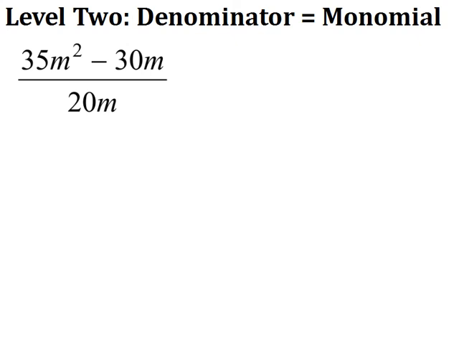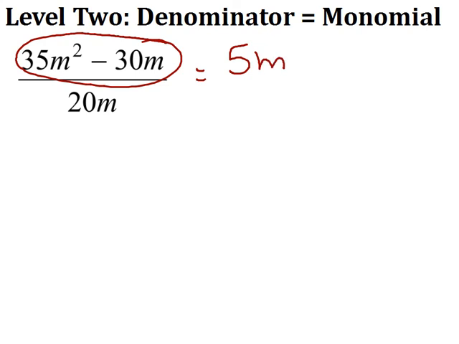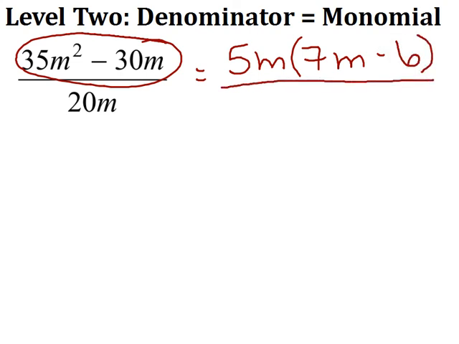Whether that binomial, trinomial, polynomial is in the numerator or the denominator, I just want to always factor as much as possible. My numerator here, I can tell that I have a 5m as my GCF. So if I pull that 5m out, I would be left with 7m minus 6, all divided by 20m.